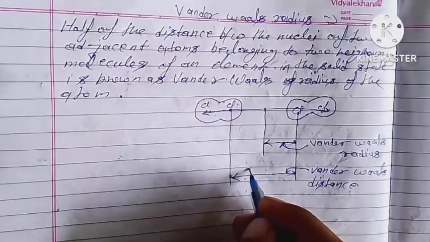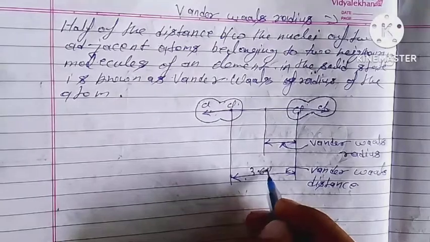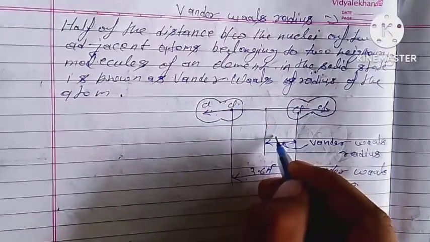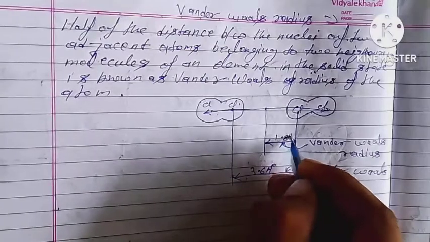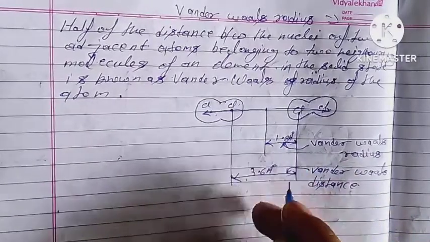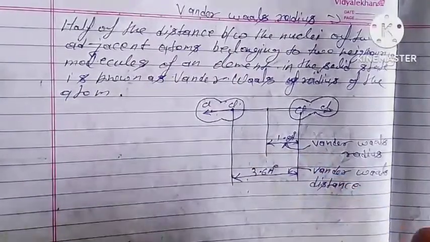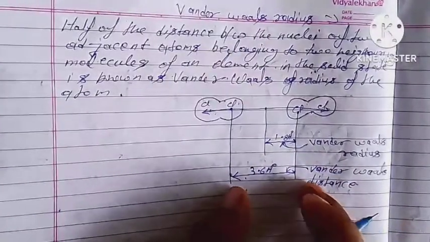This distance is 3.6 angstrom for chlorine, and this radius is 1.8 angstrom for chlorine. This is the Van der Waals radius, and this is the Van der Waals distance.